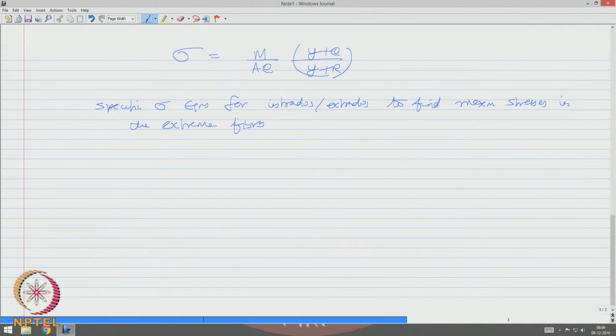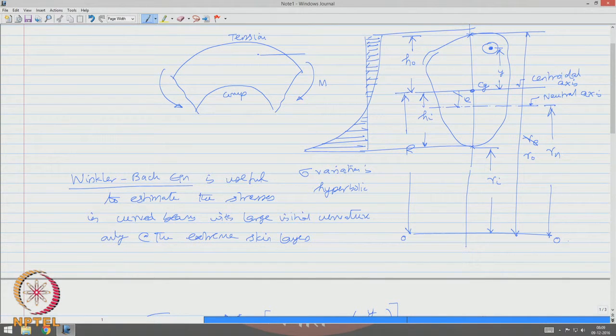So, look at the cross section here again. The distance of the extreme fiber, one is what we call Hi, which is intrados. The other one is what we call Ho, which is the extrados. Basically, this distance is essentially this. We also know this is compression and this is tension.